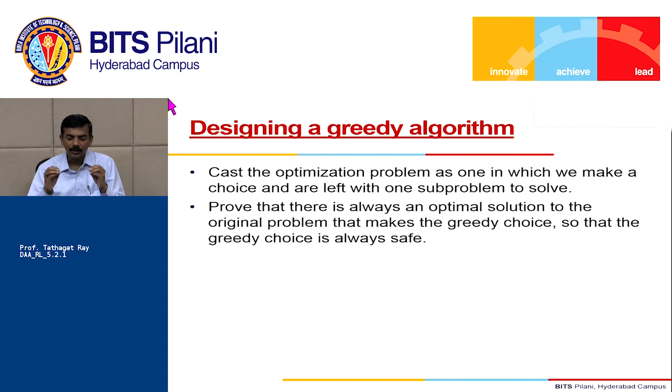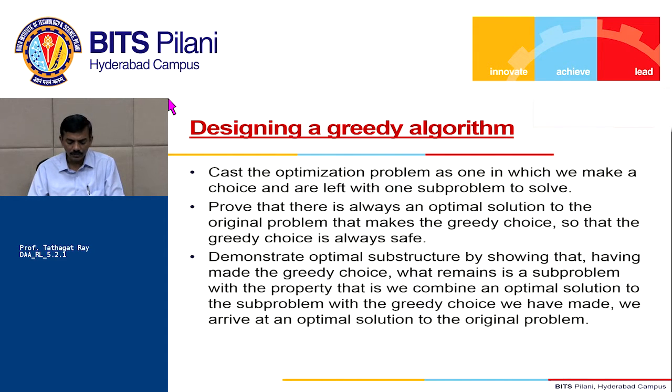So prove that there is some optimal solution to the original problem that makes the greedy choice. So if I put my greedy choice into my optimal solution, there will be some optimal solution which makes that greedy choice. So that greedy choice is safe.